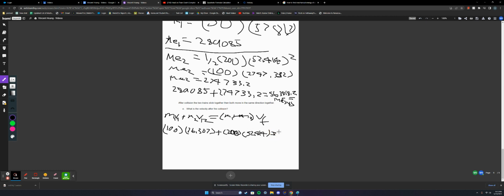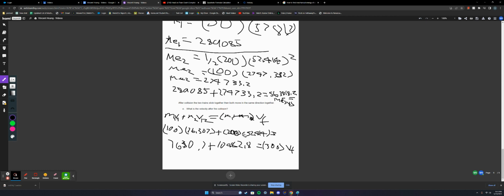And then if we solve this, 100 times 76.307 is equal to 730.7 plus 100 times 52.414 is equal to 1,482.8 is equal to, if we add up M1 and M2 from up here, we get 300. And then VF is what we're trying to find.